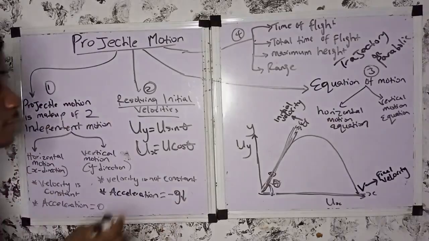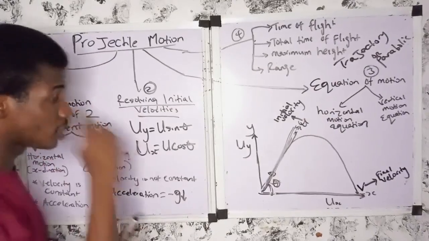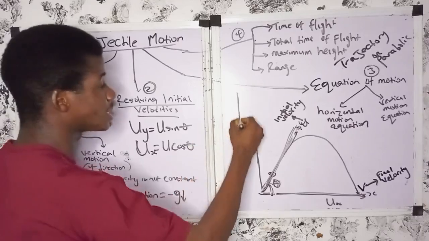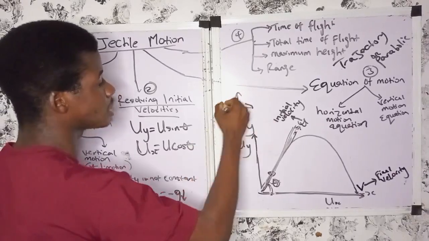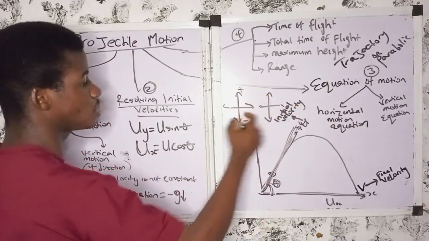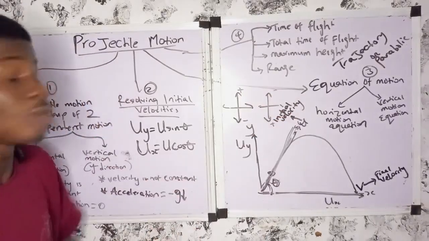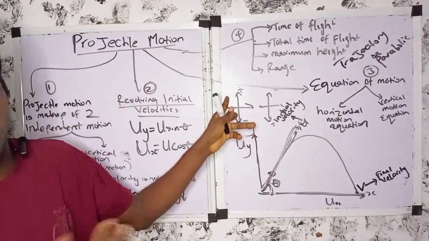And remember, if you watched our previous class about mechanics, I told you guys about coordinates, right? So we have the first coordinate and the second coordinate, and I told you guys that we should be using the first coordinate.